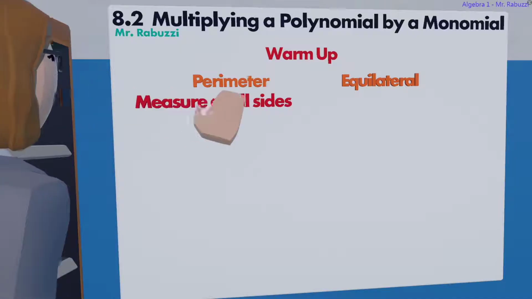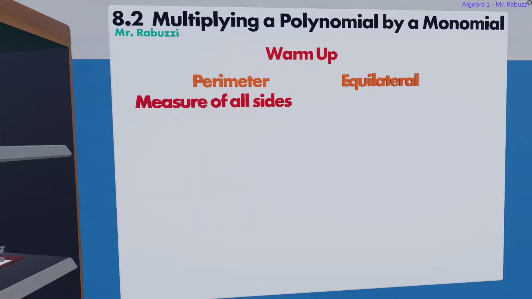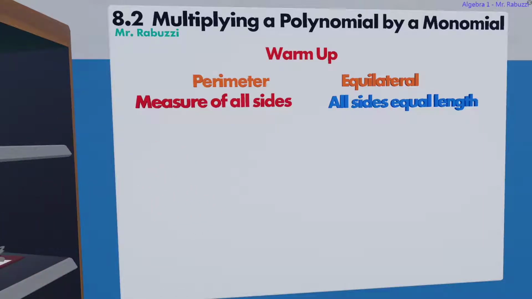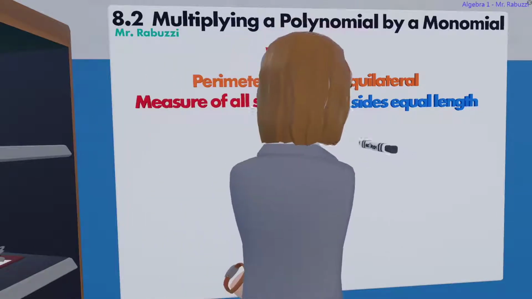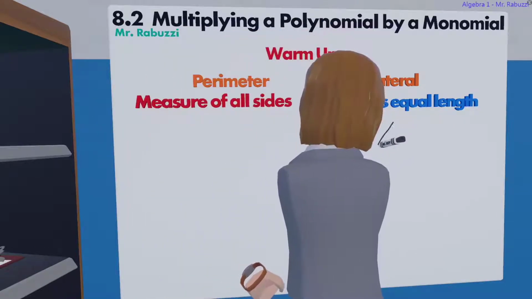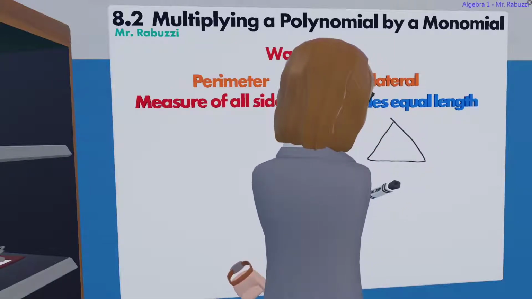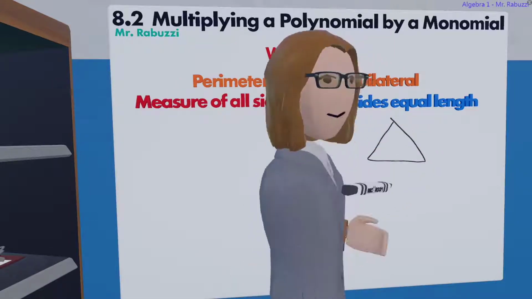All right, let's talk about equilateral now. So equilateral means all sides have equal length. It's usually used for triangles. So if I draw a triangle here that is perfectly the same size, look at that, beautiful.